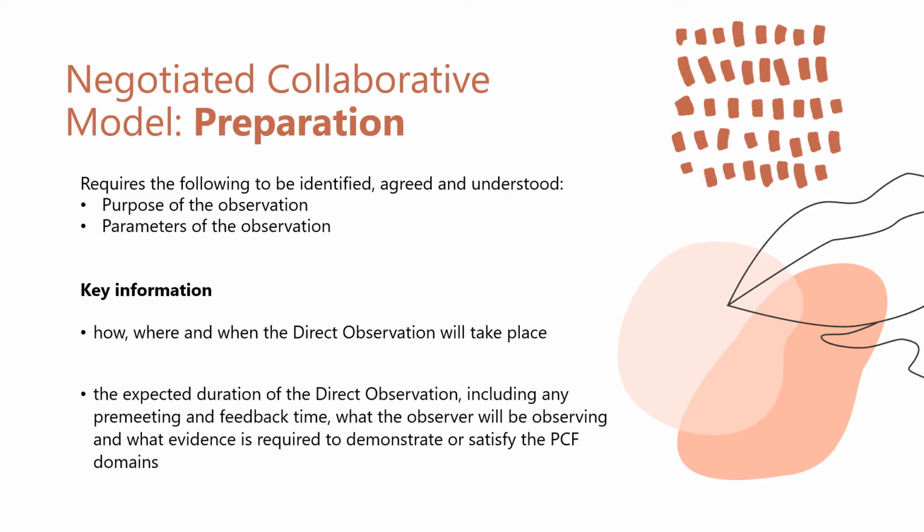student, and details such as how, where and when the direct observation will take place, and also the expected duration of the direct observation, including any pre-meeting or feedback time, and what you will be observing and what evidence is required to demonstrate or satisfy the PCF domains that have been identified as needing evidence.